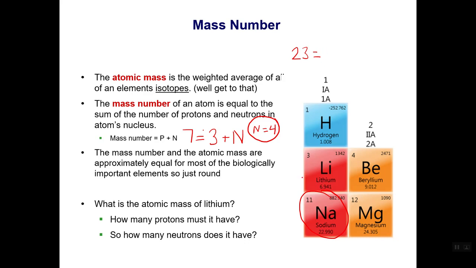The number of protons is 11. So we set it equal to 11 plus n, which is the number of neutrons. All right, so if you were to do the math, n would be equal to 23 minus 11.